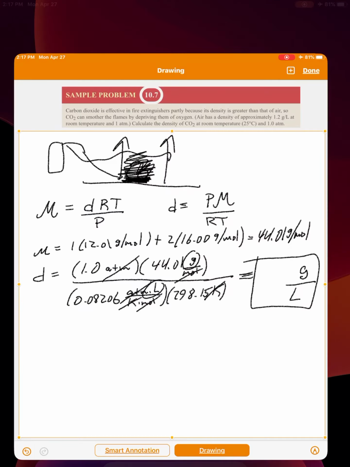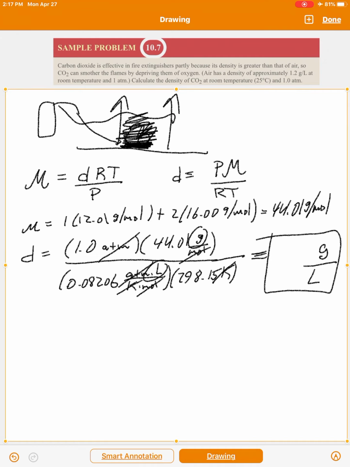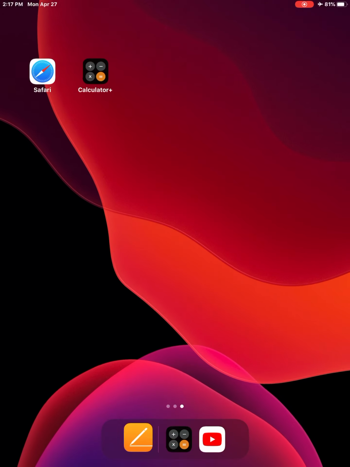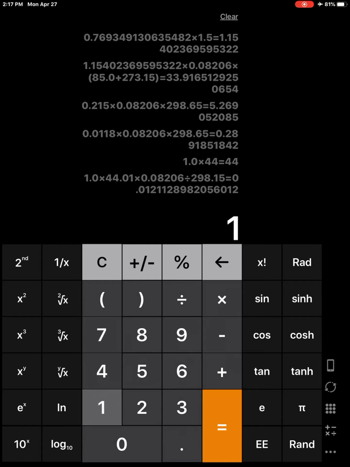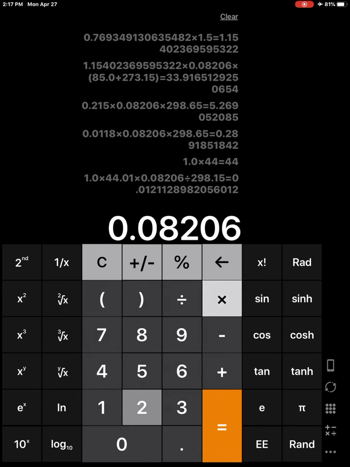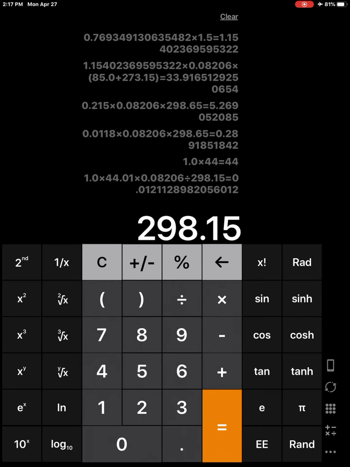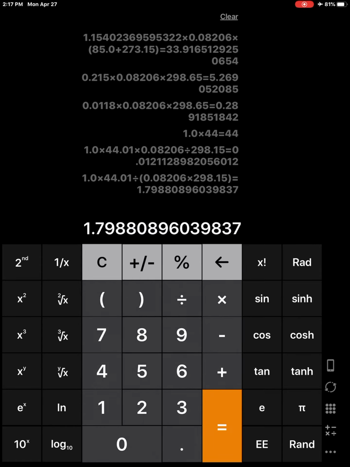I'm going to come back over here. 1 times 44.01 divided by, let's put it in parentheses, 0.08206 times 298.15. 1.798. Let's just round that to 1.8.